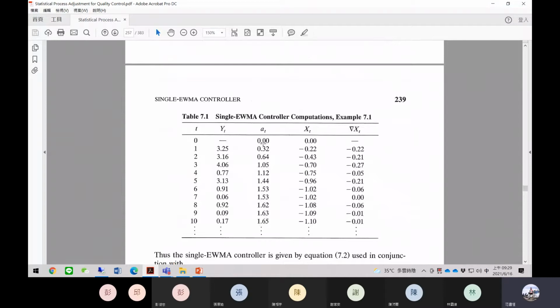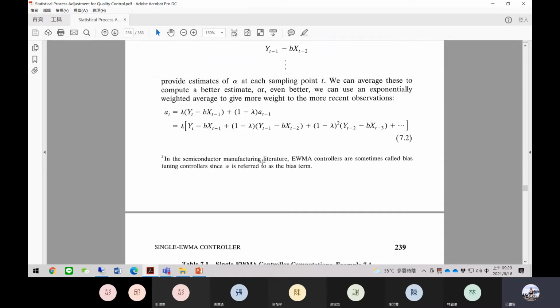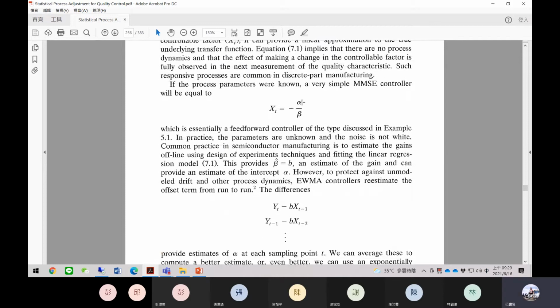The initial estimate A0 is 0, so there's no control, and Y is equal to 0. You can see that the next estimate is 0.32, like here. We can provide the estimate, and B we assume is always 1.5, and we have Xt.